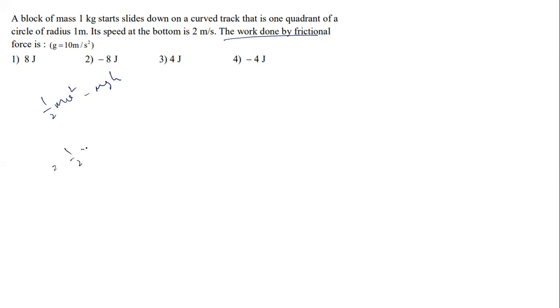This is half into mass, already mentioned as 1 kg, velocity is given as 2, squared is 4, times 1 kg. Clear. mgh is 10. What is the height? The radius is 1 meter, so 1. So this is 2 minus 10, which is minus 8 J.